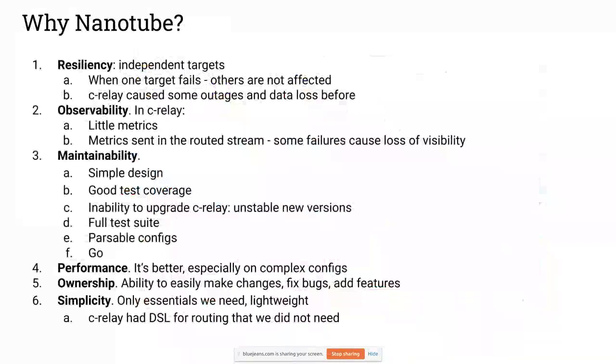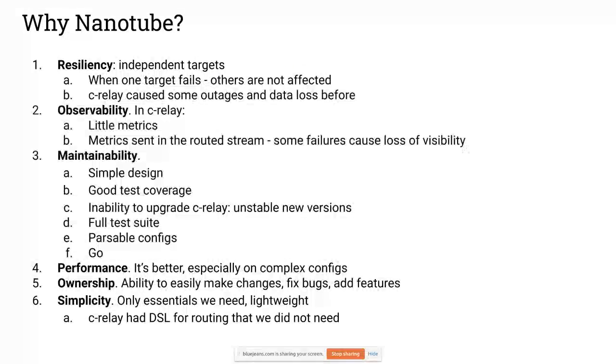And so the question is, of course, why would we do this? Why would we do all this work and do the replacement with the relay we had with Nanotube? And there are multiple reasons. So the first one is resiliency. The previous relay had a problem that there was correlation between the targets of relay.